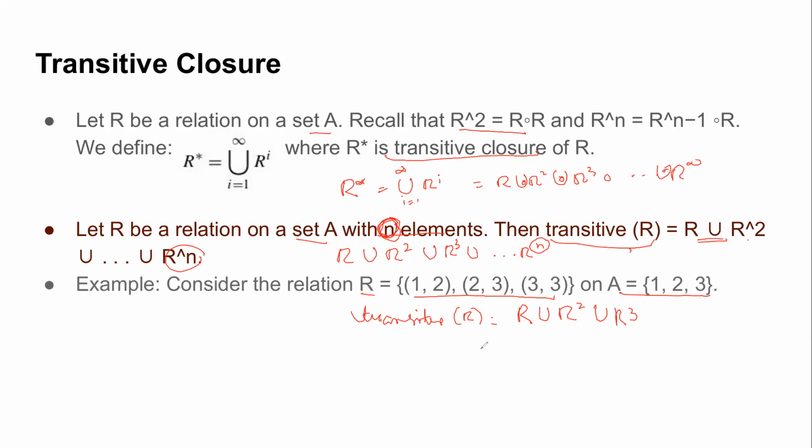Okay, now can you quickly find the transitive closure of R? So what is R square? Take the composition of R with R. So I have to take the composition of R with R. So what are the possible ordered pairs in R square, class? So I have 1, 2, 2, 3.